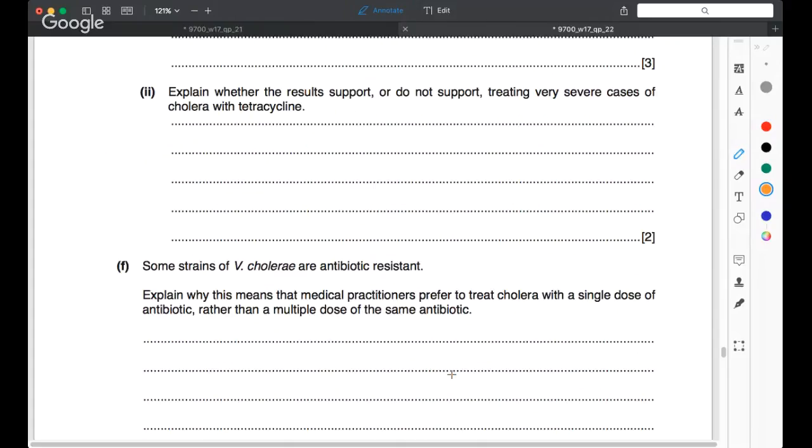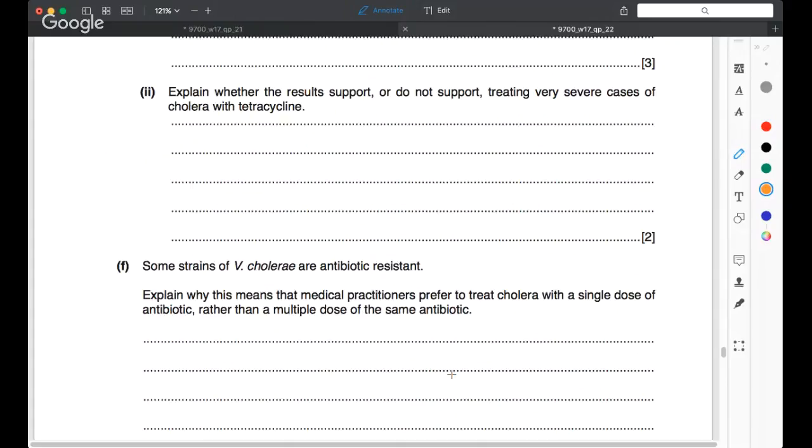Okay. So they do support using tetracycline because patients have overall less diarrhea than if the antibiotic wasn't used.